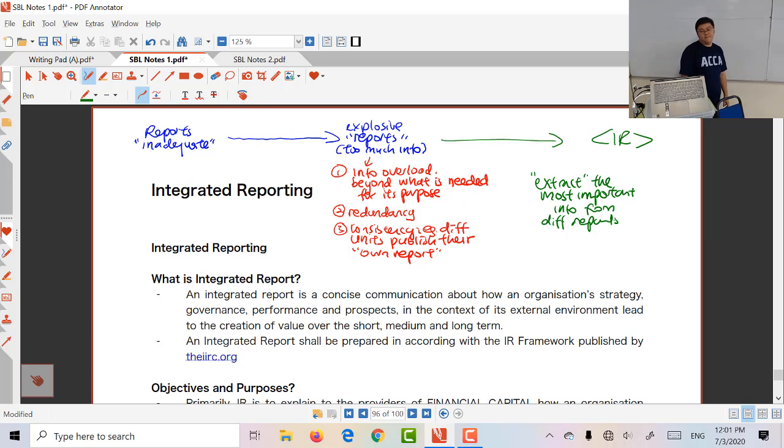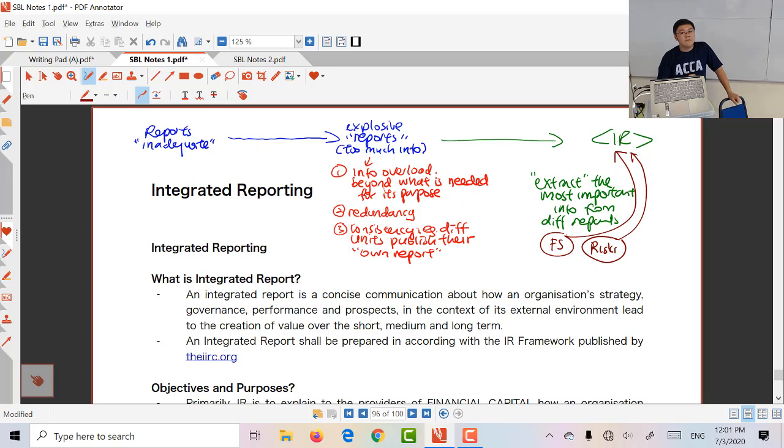Okay? Now, different reports will comprise information like what? For example, they take the financial statements, take a few pages and put them inside, which will comprise, like I said, the P&L, the balance sheet, and stuff like that. Then what other things will be most important? For example, risk will be very important information, so they take information about risk and put it in. What else do you think is important?